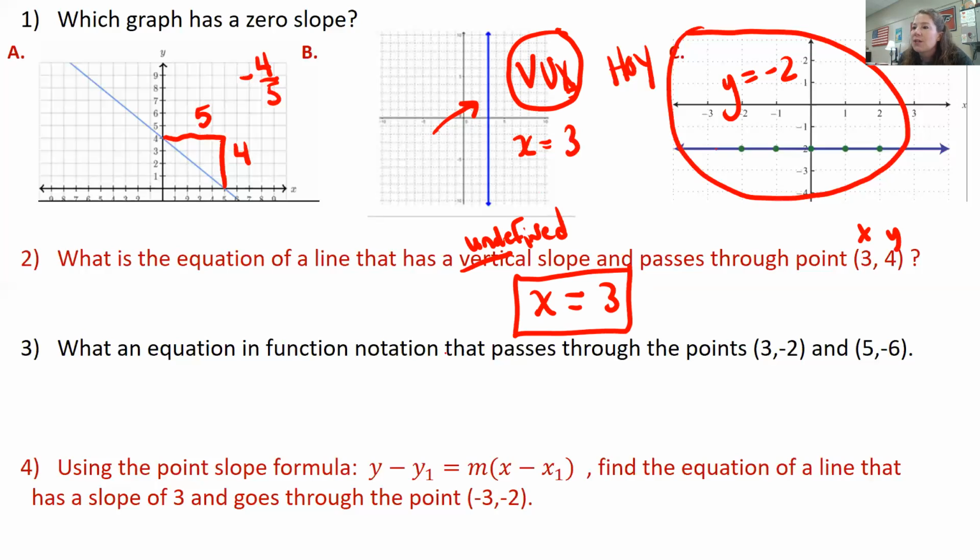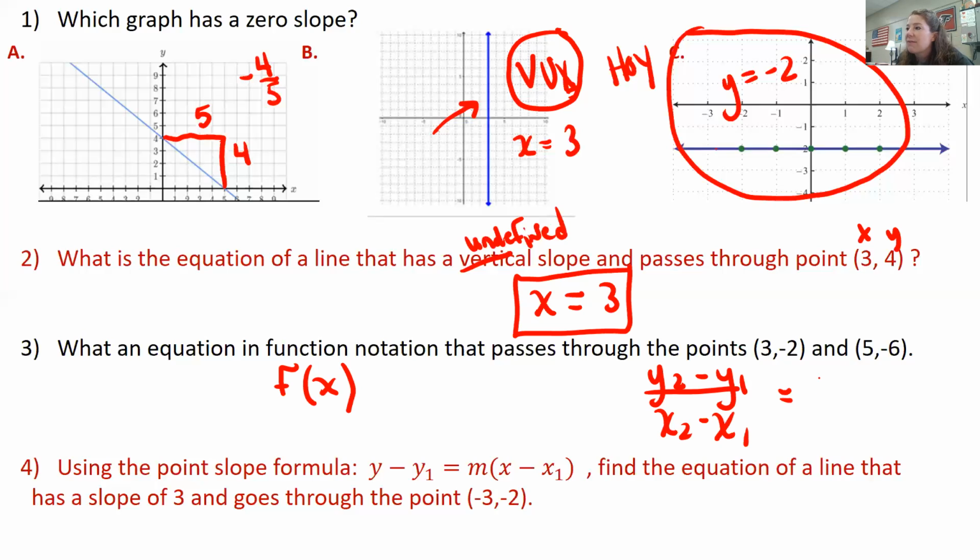Number 3, write an equation in function notation. Function notation just simply means the function of X that passes through the points 3, -2, and 5, -6. All right, so we're going to use our y2 minus y1 over x2 minus x1 formula.